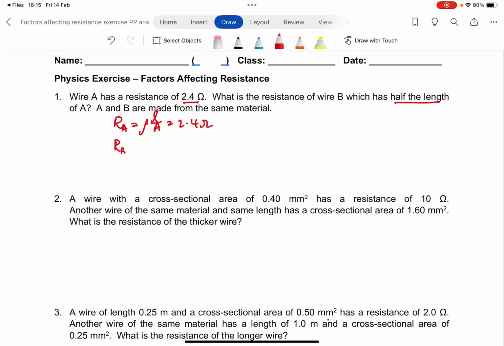Therefore, wire B has half the length, so half L over A. You take the half out and you get half rho L over A. So it's half times 2.4, which is 1.2 ohms.